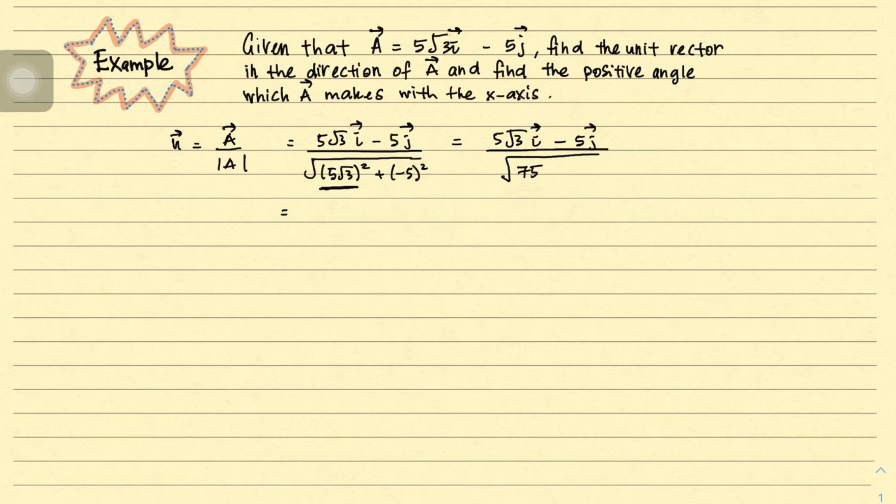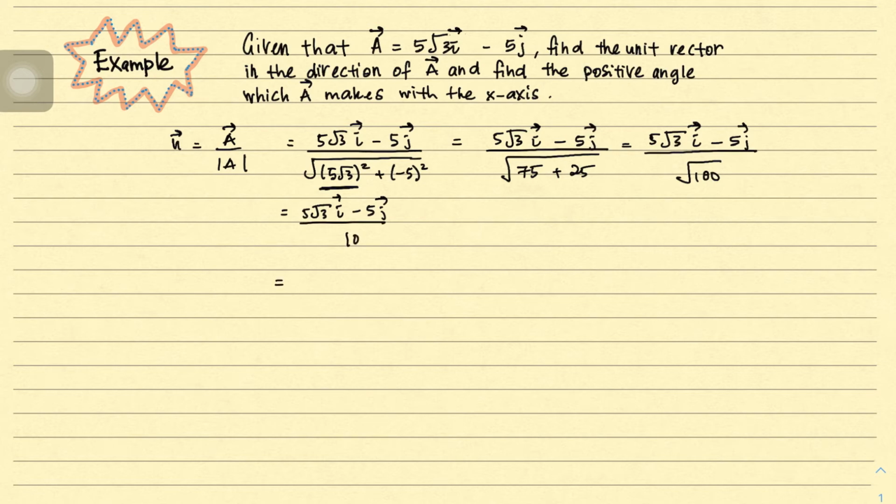Okay, plus negative 5 to the power of 2 is 25. So we have here 5 square root of 3i minus 5j over square root of 100. So square root of 100 is equal to 10. Therefore, you have 5 square root of 3i minus 5j over 10.